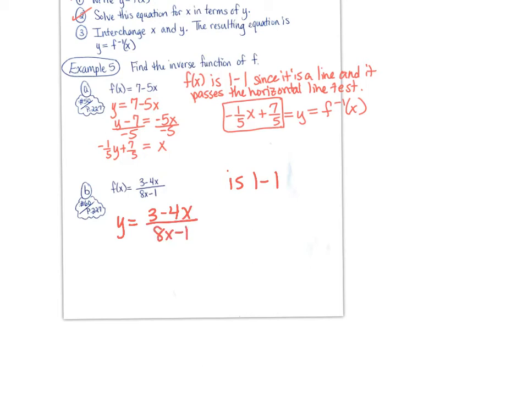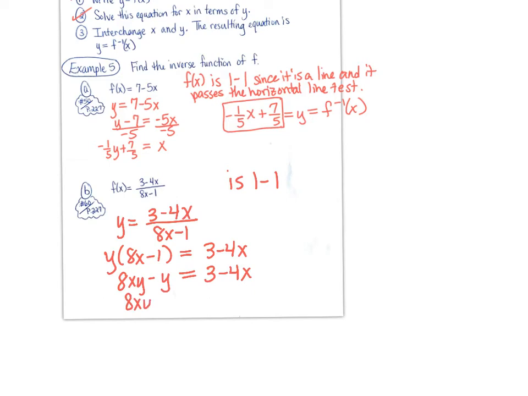Then we multiply both sides of this equation by 8x minus 1. I'll cross multiply. That gives us y times 8x minus 1 equals 3 minus 4x. Now we distribute the y, and we get 8xy minus y is equal to 3 minus 4x. Our goal now is to solve the equation for x in terms of y, so we have to isolate x. Let's get our x terms on one side together.